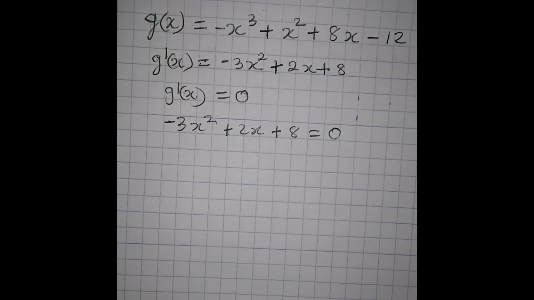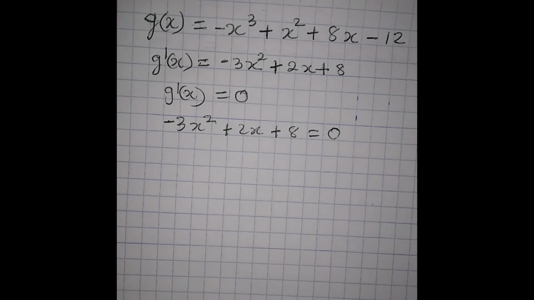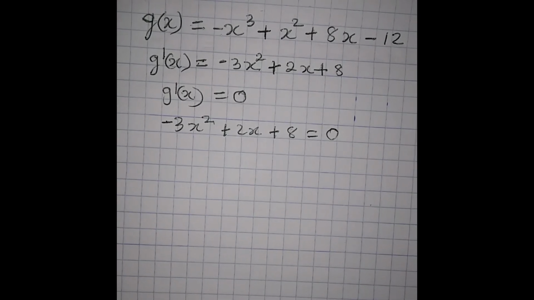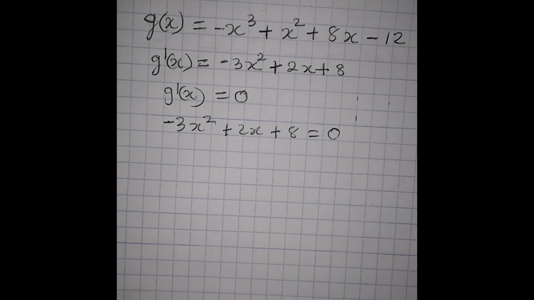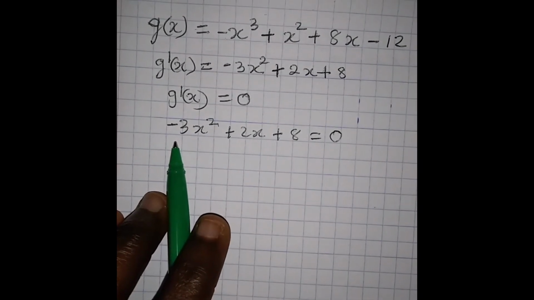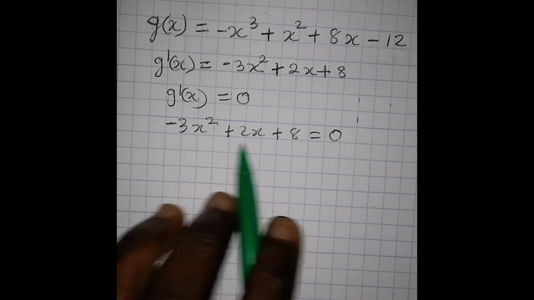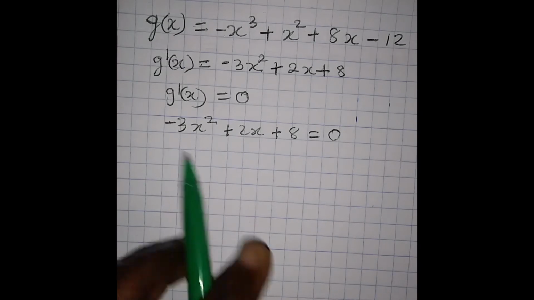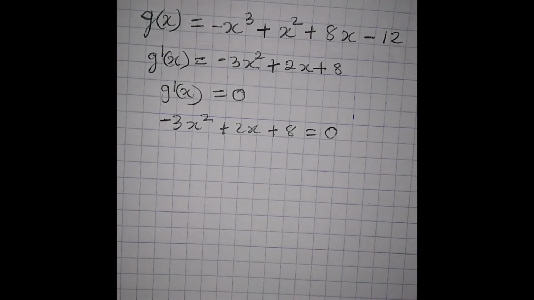So now this is a quadratic equation, obviously. So we can do something about it. What do you think? So we can quickly say we either solve it directly or we can divide through the equation by negative 1 to allow us to just do it easily.